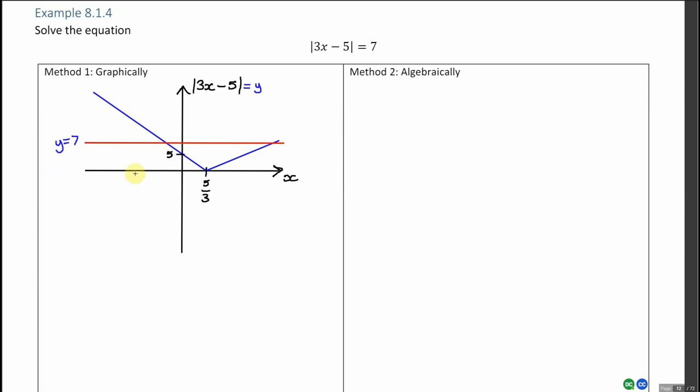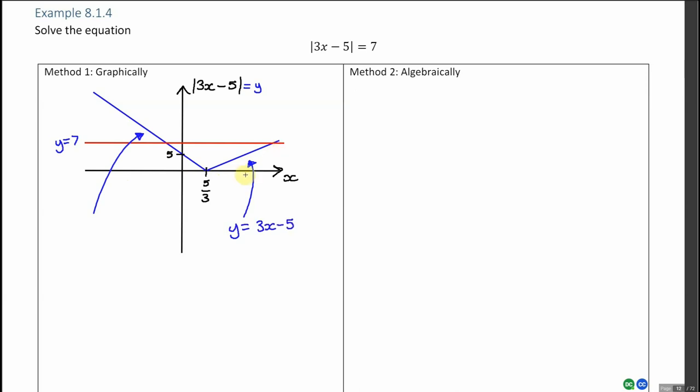Now, if you're going to use this method, the key next step is to identify the line segments or the parts of the graph and what their equations would have been without a modulus sign. So this line segment over here, that is the graph of y equals 3x take 5.